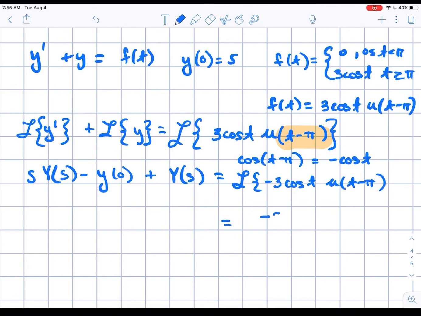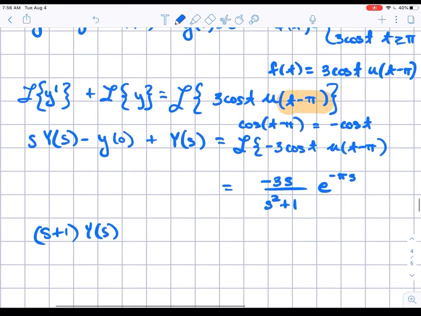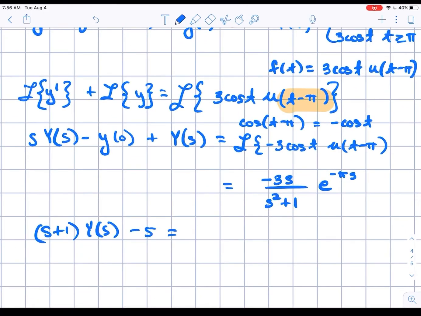so I have negative 3s over s squared plus 1, and then e to the negative pi s. Okay, so now let's simplify some of this. So I'll have s plus 1 y of s, and then my initial value was 5, so minus 5 equals negative 3s over s squared plus 1 e to the negative pi s.